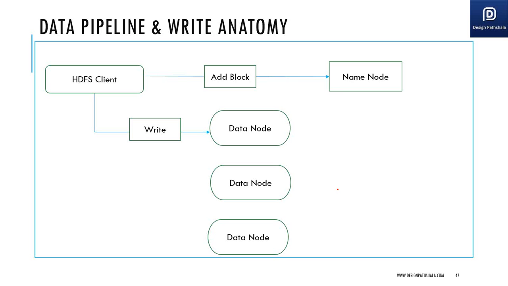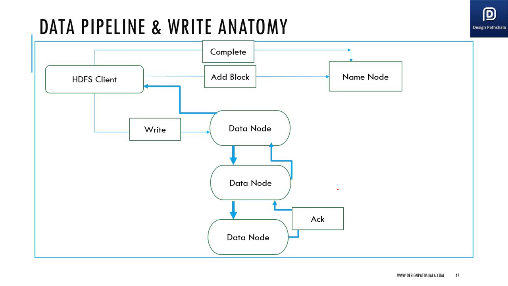So I, as a client, will send a write signal to data node 1, which is returned by the name node. That data node 1 will send a write signal to the second data node, and that second data node will send a write signal to the third data node. The third data node will send an acknowledgement to the second, the second will send an acknowledgement to the first, the first will send an acknowledgement to the client, and the client will send an acknowledgement or complete request to the name node. And this is how the whole write happens in the cluster.